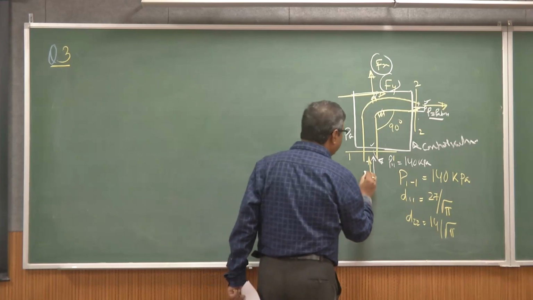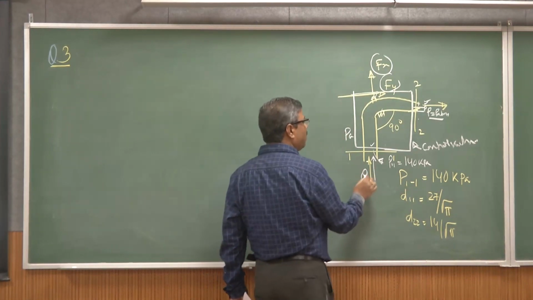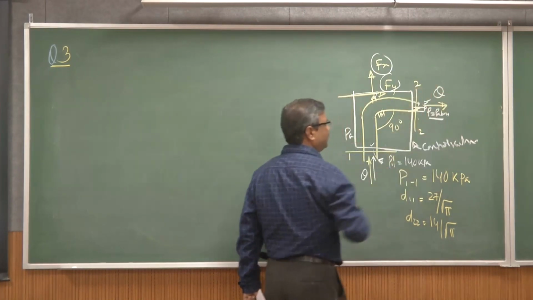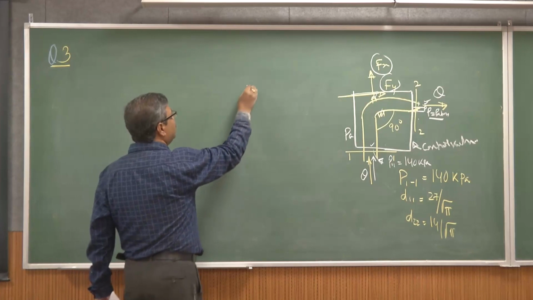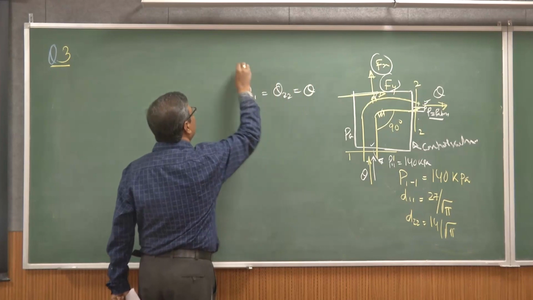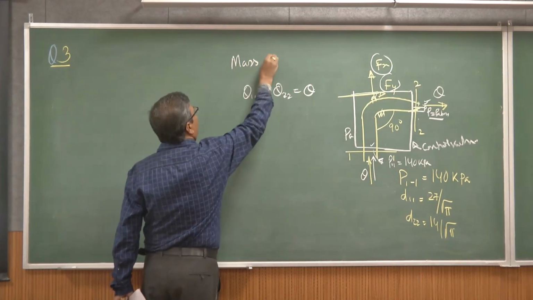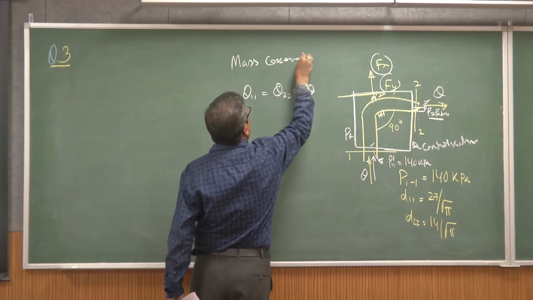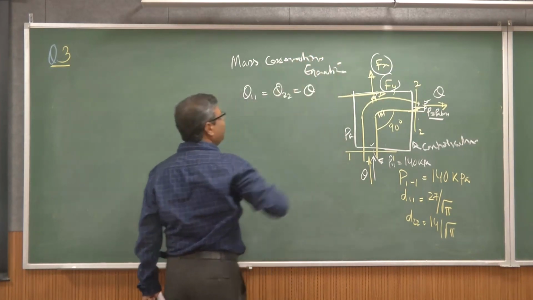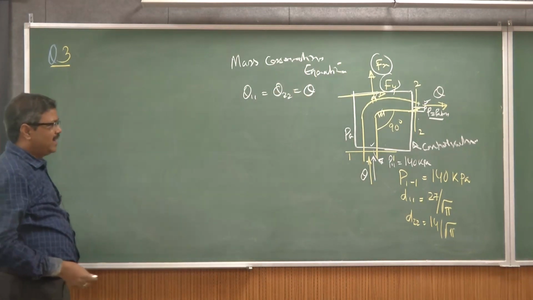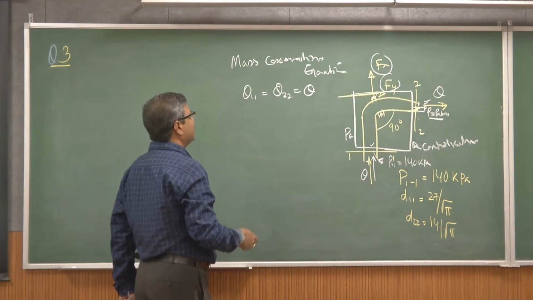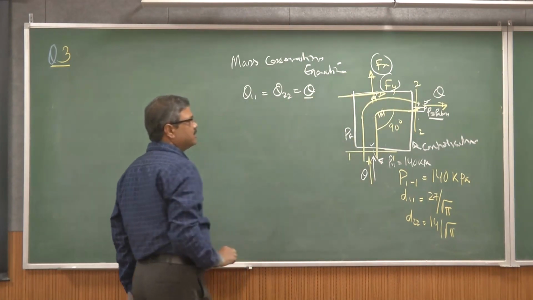The Q amount of discharge that comes in is the same Q that goes out. So Q1 is equal to Q2, that is what will be Q. This is the mass conservation equation, which is indirectly implemented in this case, as there is one inlet and one outlet.